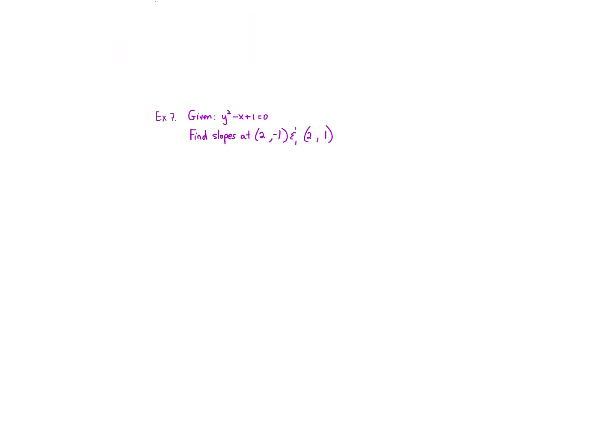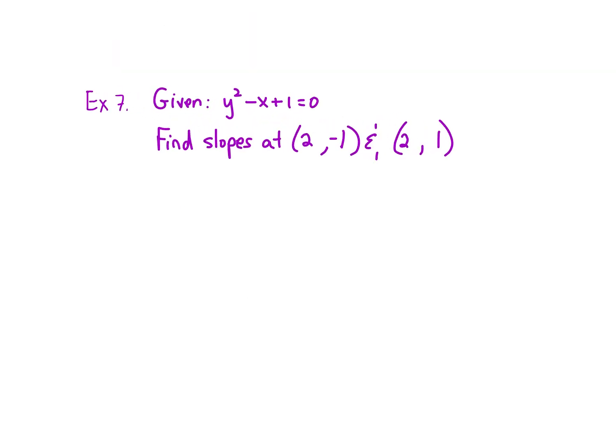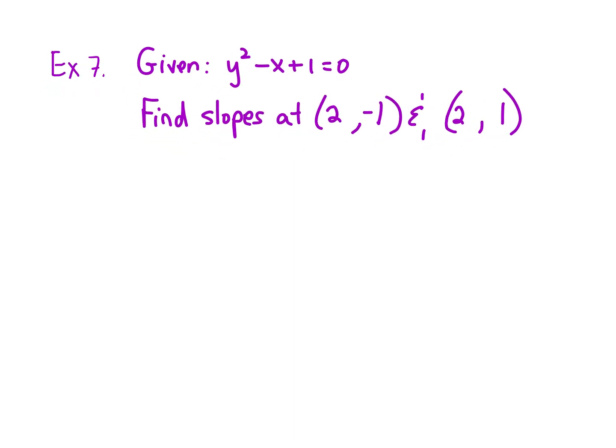Okay, let's look at example 7. Given y squared minus x plus 1 equals 0, we want to find the slopes at 2, negative 1, and 2, positive 1. So how would we find the slopes? What would we need to do first?